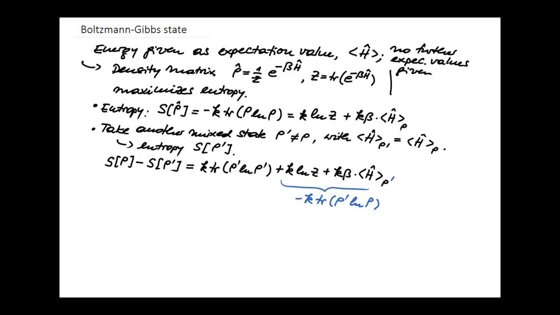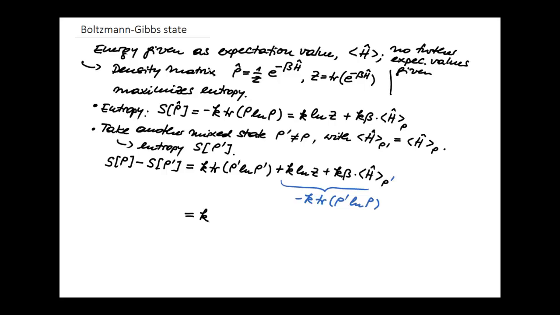When you take the logarithm, you get a minus log of Z. And so that gives you, with the minus in front, the k log Z. And then you get minus beta H, expectation value in rho prime. And this is combined with the minus k in front. This gives you the k beta expectation value of H in rho prime.